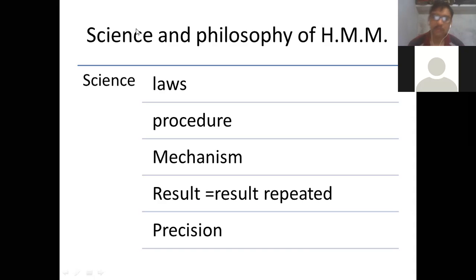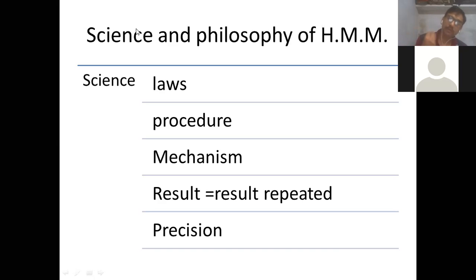And then one more important characteristic feature of science is that the result should be repeated in all different situations. Whatever the situation, the result of drug proving is alterations in the state of health, and these alterations in the state of health are later included in the materia medica.